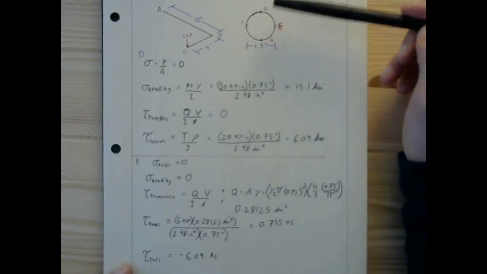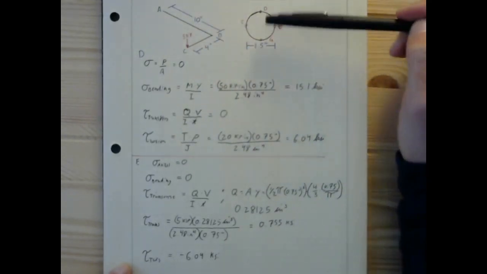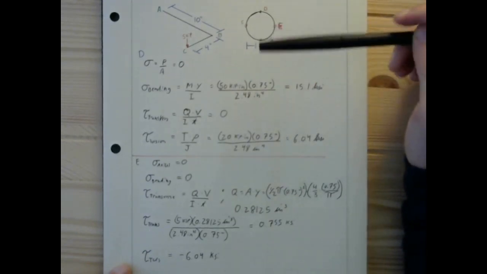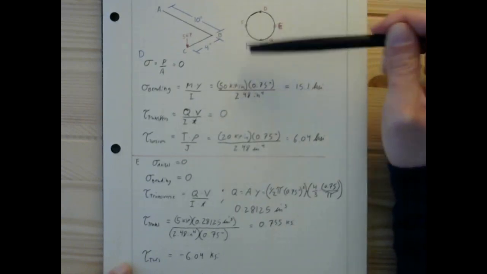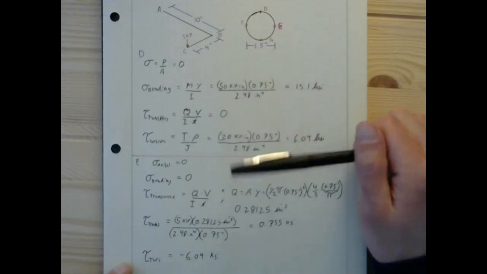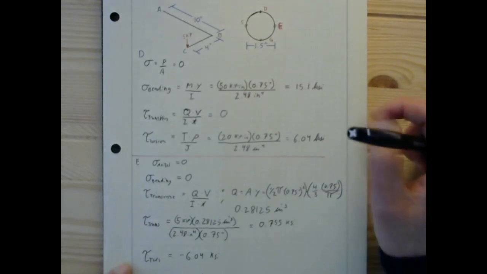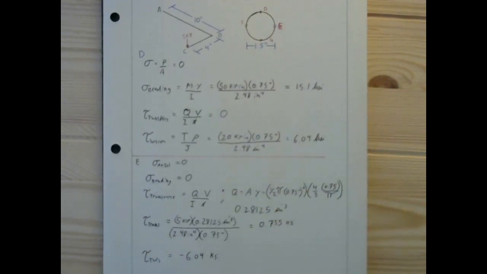But if we had some axial load applied here as well, points D or G might possess the maximum normal stress, and it might be somewhere else entirely if we had a load in the x direction, causing moment about the z-axis as well. So we've got to add all these things together to get our total stresses.